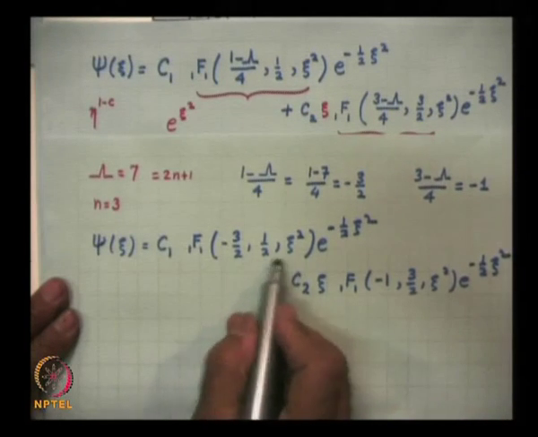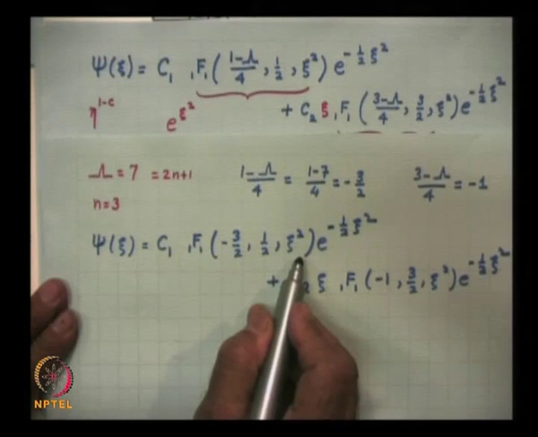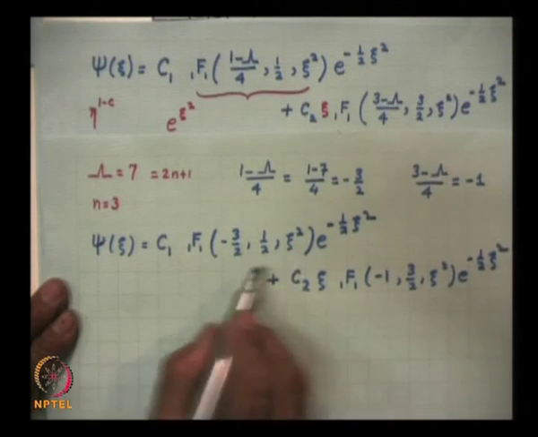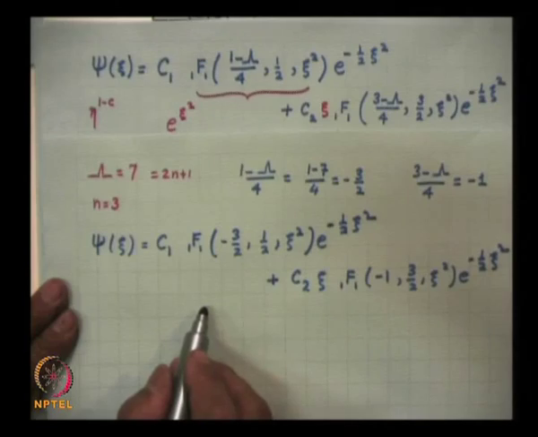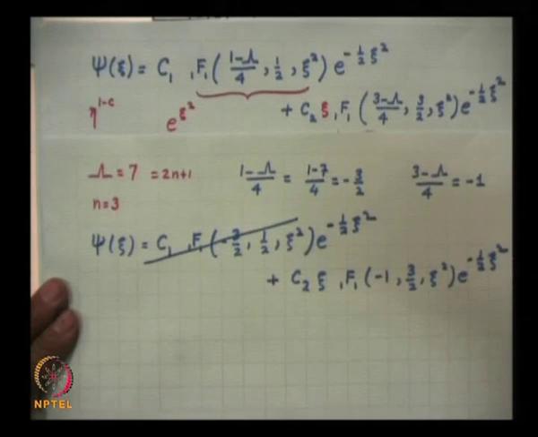So, this is an infinite series. So, it will behave as e to the power of xi square, and therefore, the function will blow up. Therefore, we must take C1 equal to 0. So, this function should be removed.